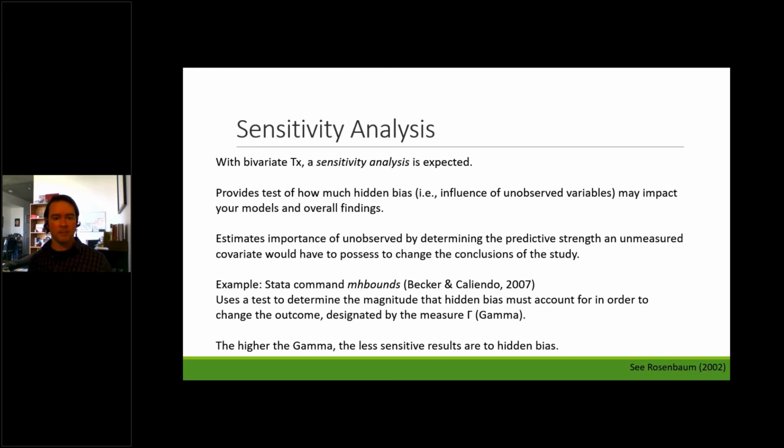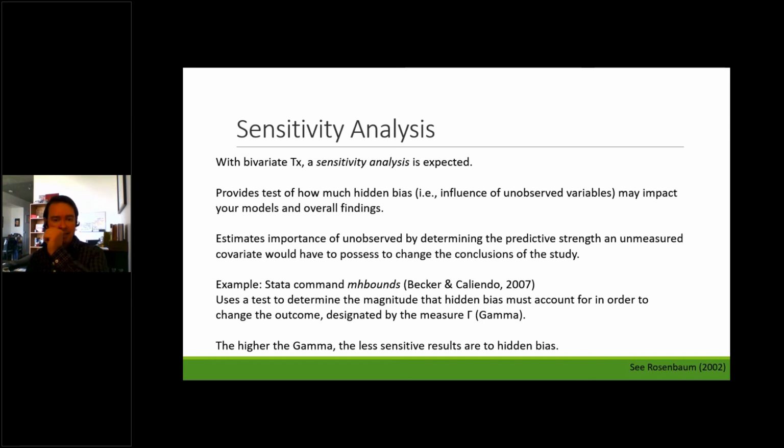Particularly in one-to-one matches, this process estimates how important unobserved measures can be for the findings by determining the predictive strength an unmeasured covariate would have to possess to change the conclusions of the study.